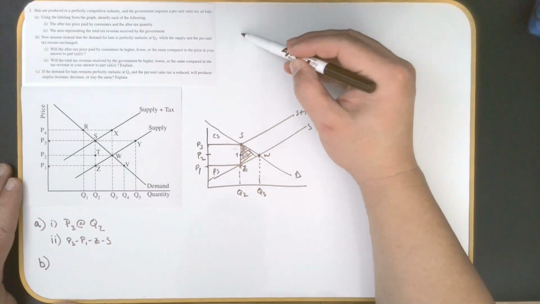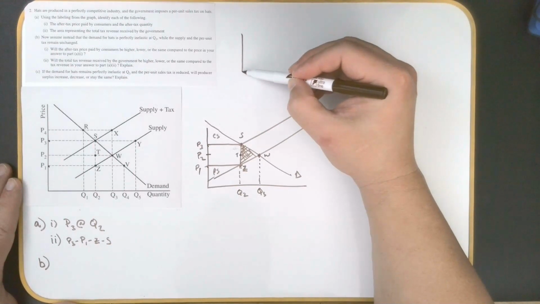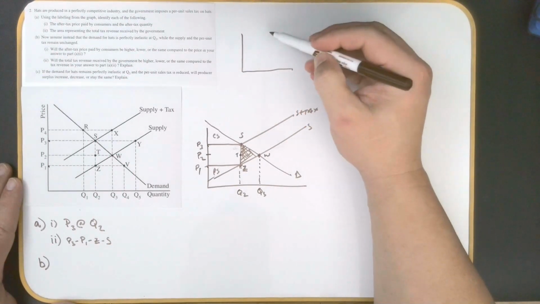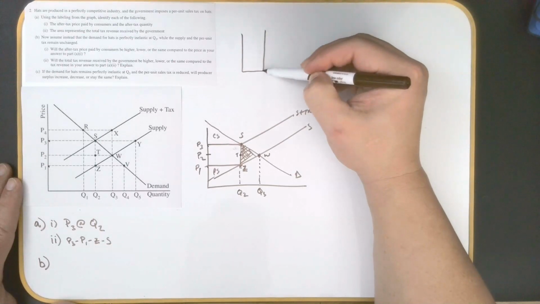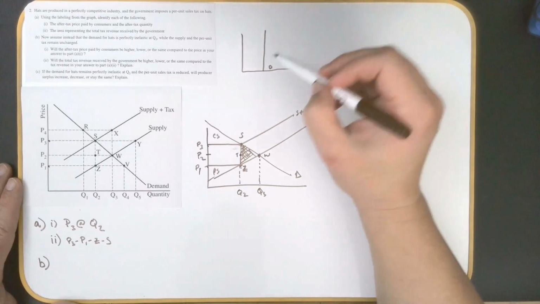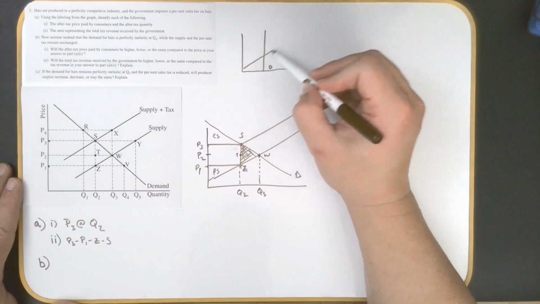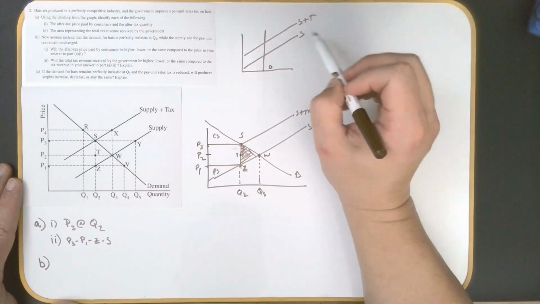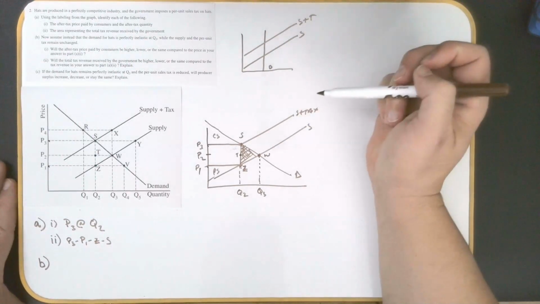Here's what they're saying is going on. They say assume the demand is perfectly inelastic. Well, if the demand is perfectly inelastic, there's your demand curve right there. But the supply curve is still here, and the S plus tax is still here. So this is the curve you have to analyze.